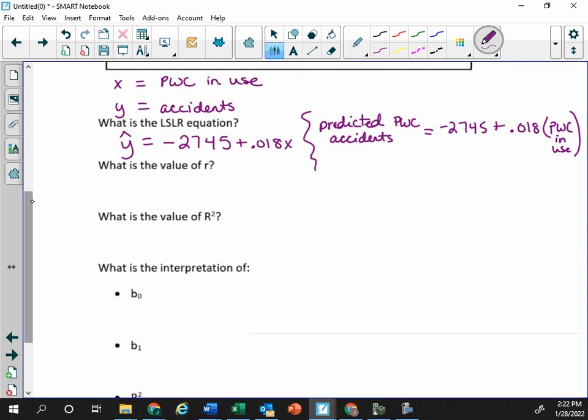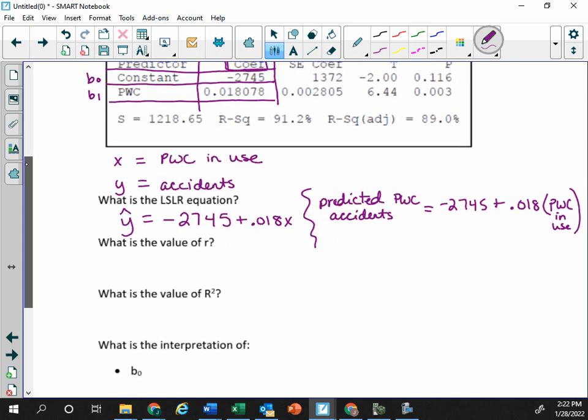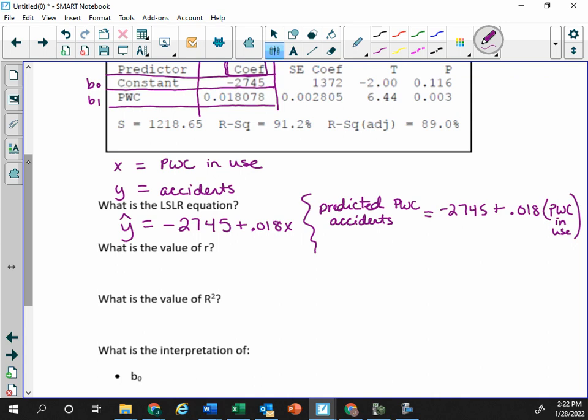Are we okay on picking those numbers out of the computer printout? Okay. The next two, let's do these out of order. Let's do what is the value of r squared first. You see it right here?